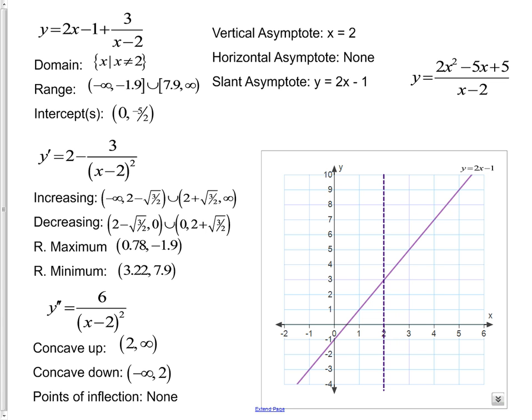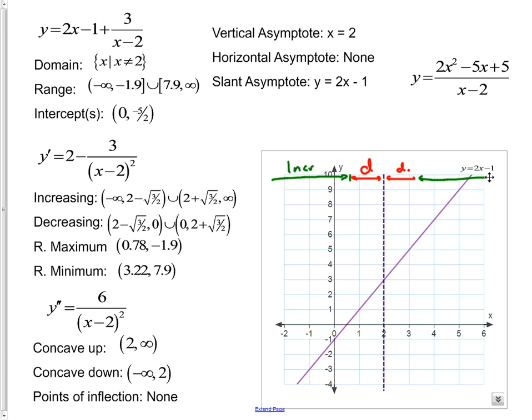We have this function that's going to be increasing to about 0.78. So just a shy of 1 right here. We're going to have this increasing function. Then we said it was going to be decreasing on this interval all the way up to 2. And then from 2 to about 3.22, it's going to be decreasing again. And then it's going to be increasing again.